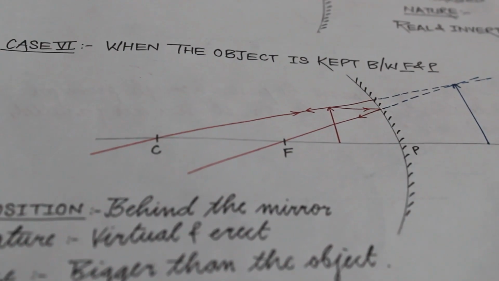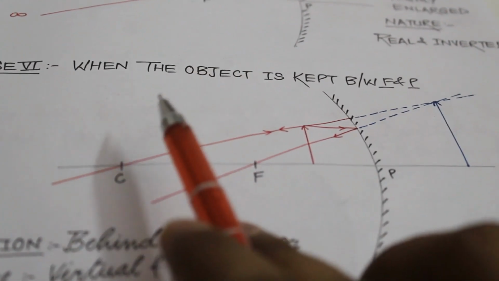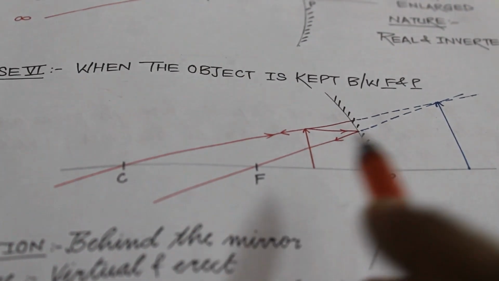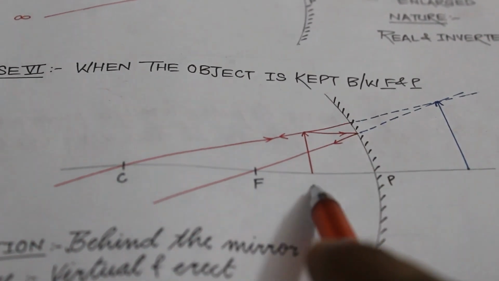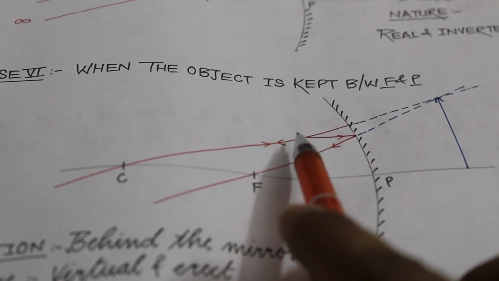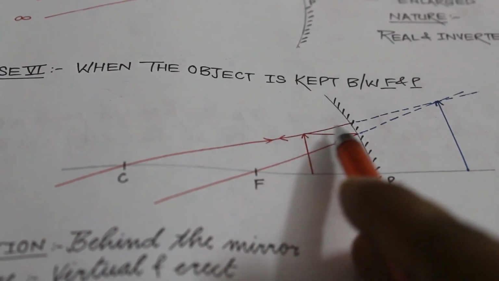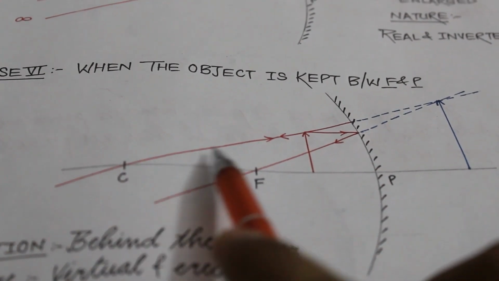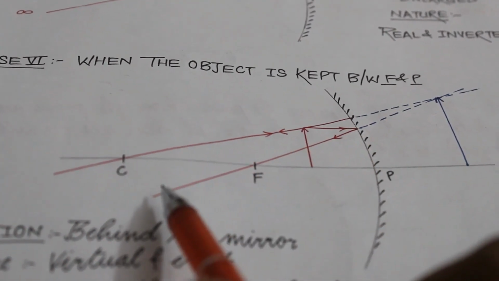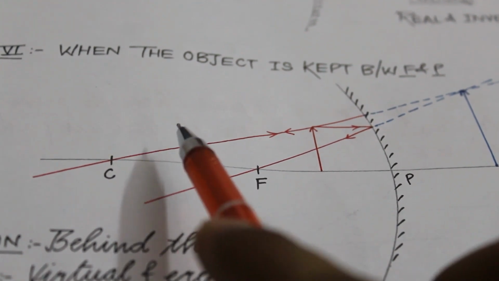So till now we have studied 5 cases. In all the 5 cases, the nature of image formed was real and inverted. The 6th case is an exceptional one, and in this we keep the object between principal focus and the pole. So as you can see, I have kept the object between principal focus and the pole. I am using the first rule, ray parallel passing through focus, and the third rule, ray passing through center of curvature. It retraces its path. As you can see in the diagram clearly, the two reflected rays are diverging from each other.